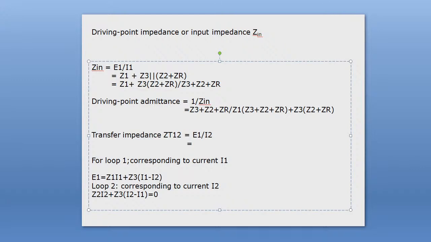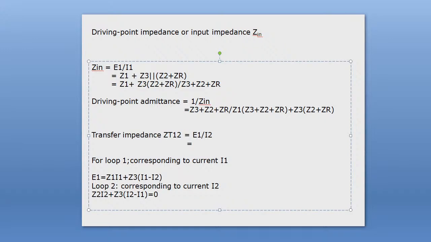Now everyone see that the driving point impedance expression has two quantities, I1 and I2. So from loop 2 we can write the expression of I1 in terms of I2.